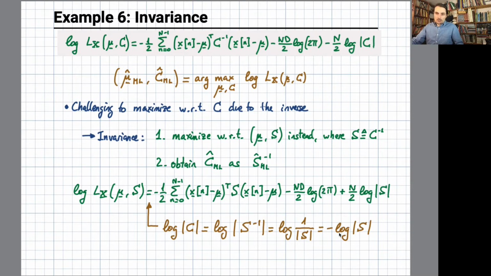And just by the properties of the log, this is minus the log of the determinant of S. Therefore, this minus log of the determinant of C becomes plus log of the determinant of S.